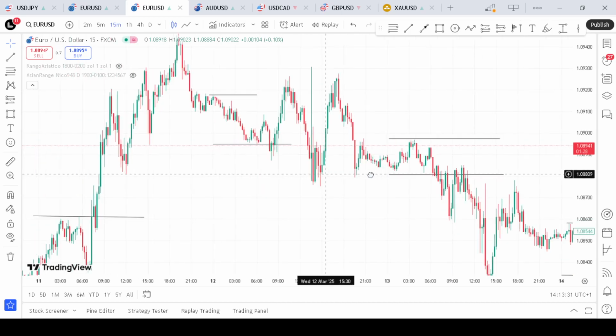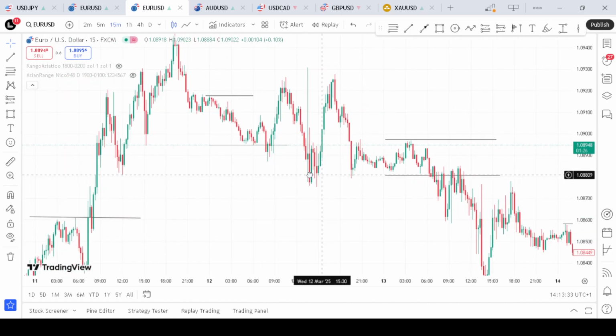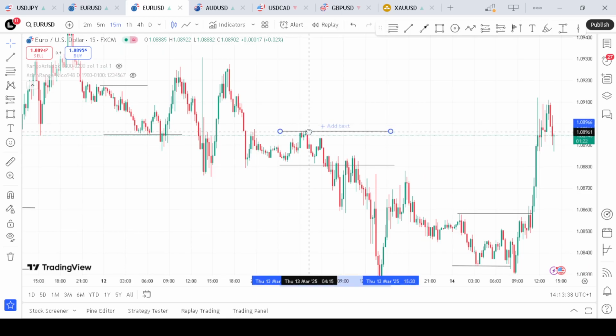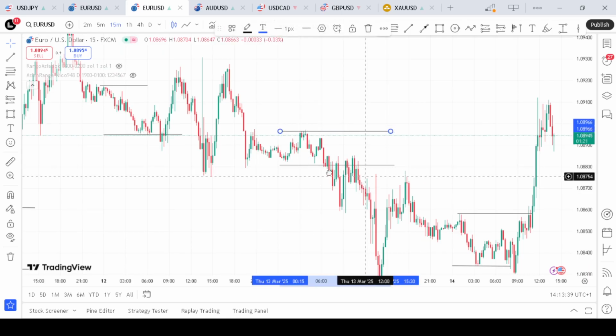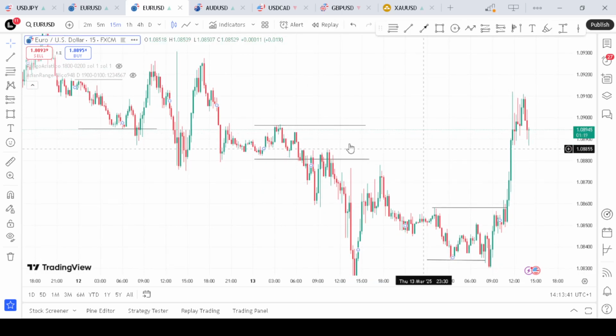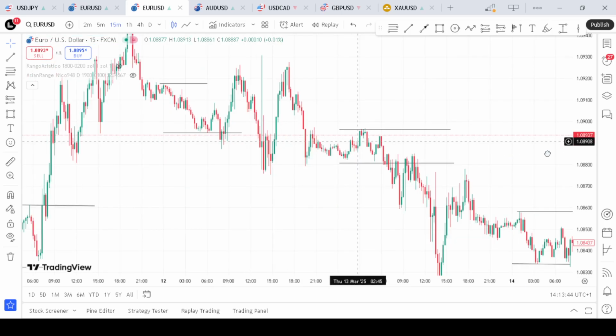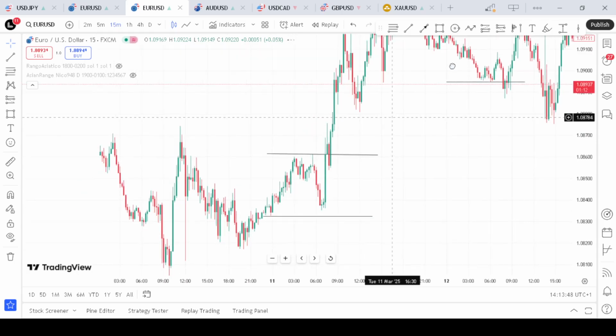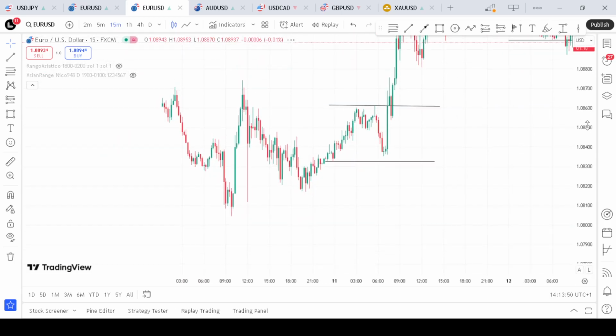Let's look for an example of a selling opportunity. You would notice the market will first of all move in the opposite direction before it moves to the other direction. Let's find a good opportunity for a selling trade.